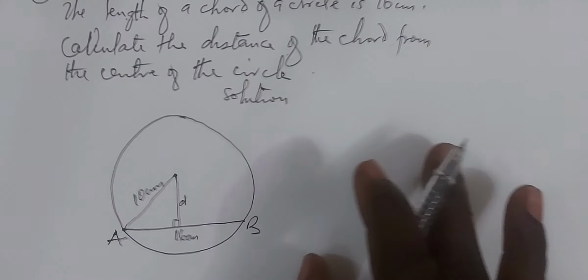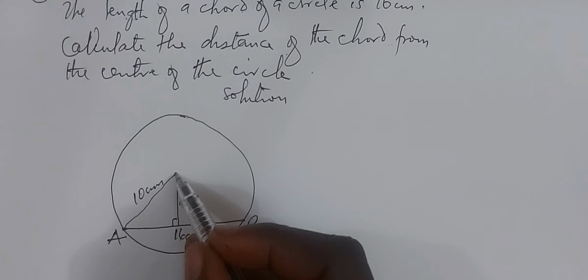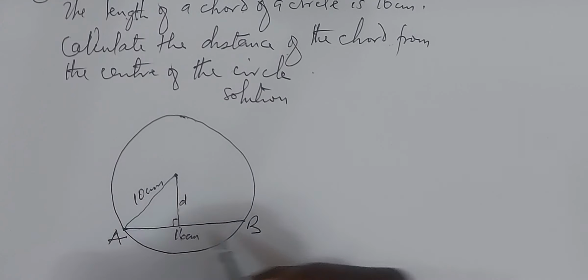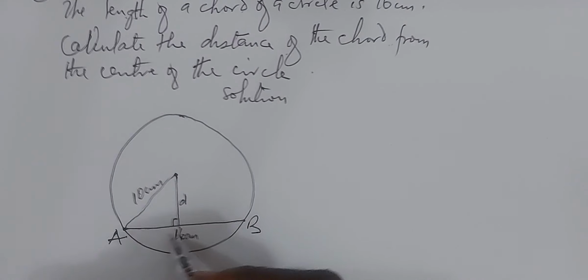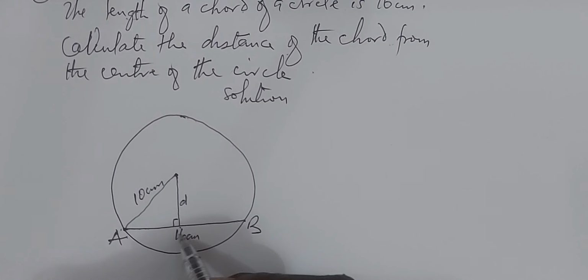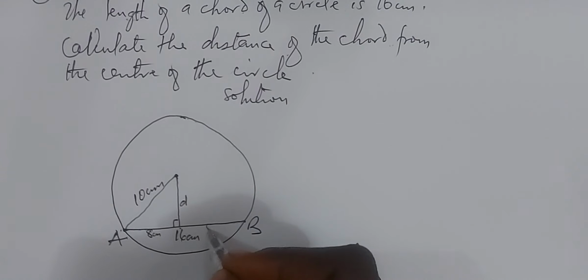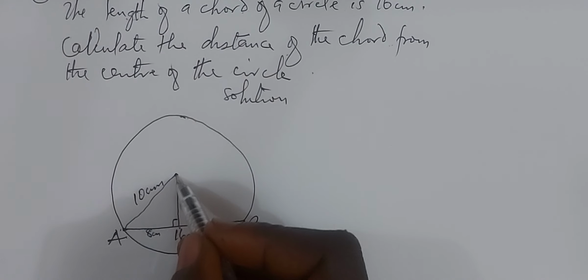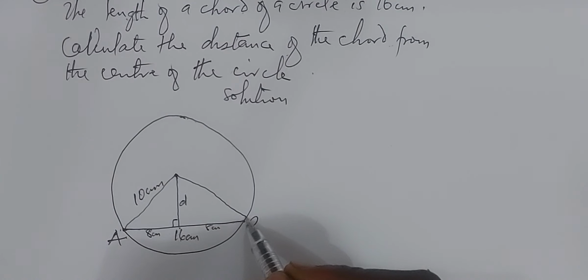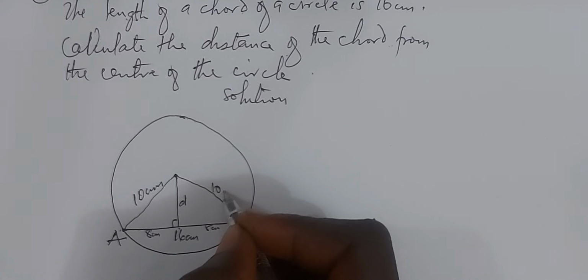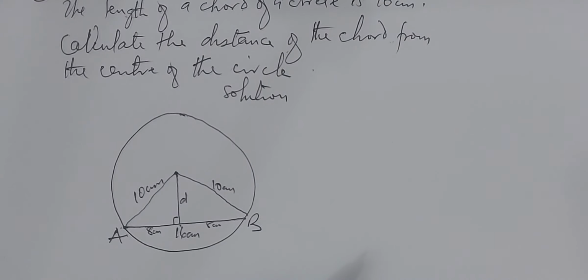We have already stated in the theory that a line from the center to the chord divides the chord into two. So if you divide the chord into two, 16 divided by 2 is 8 centimeter. You can also take any side you want.